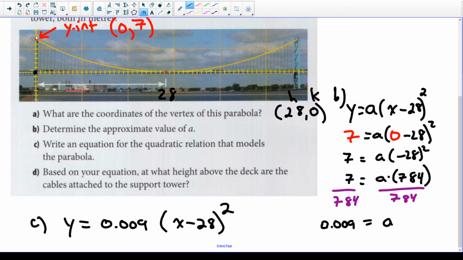That would be our 7. Right? We can look at that right from the graph. So there is a way of doing it from the equation, finding the y-intercept. But I don't think I'm going to show that right now. So we'll just wait for another example for me to show that. Okay?